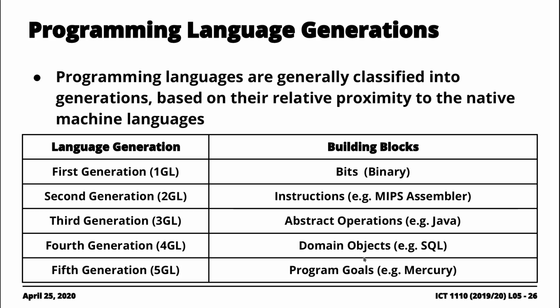I'll be the first to say I haven't really worked with any fifth generation programming language, but these are mostly used for AI-centric problems, essentially. Examples can be found online, but a common example is a language called Mercury.